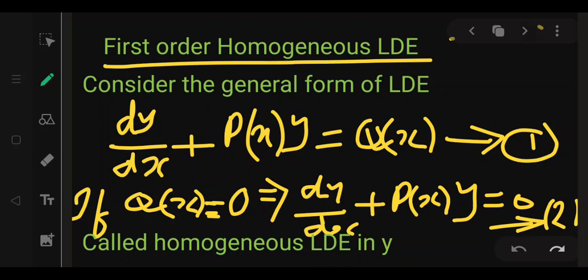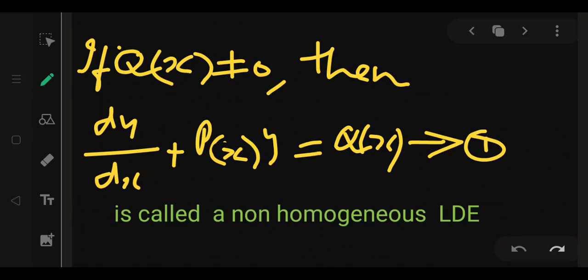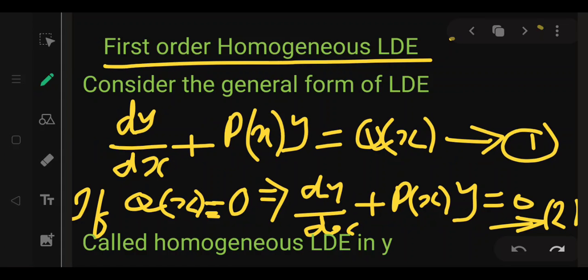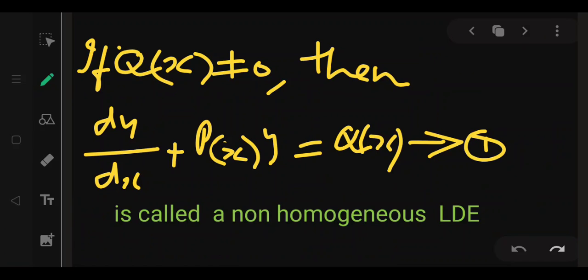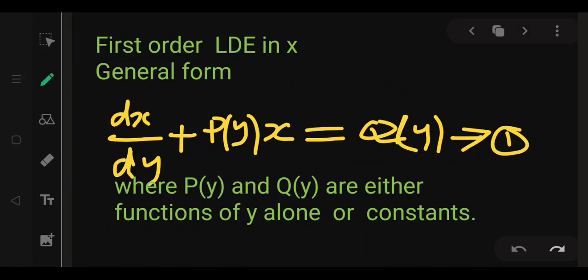If q(x) is non-zero, we call this equation a non-homogeneous linear differential equation. If q(x) equals 0, it is homogeneous. If q(x) is non-zero, it is non-homogeneous.